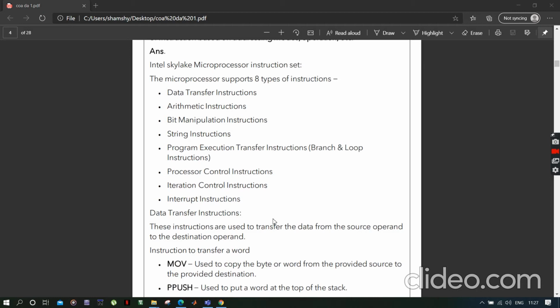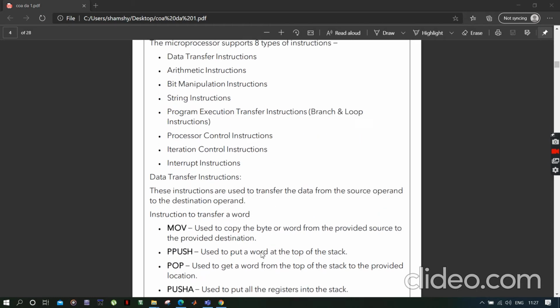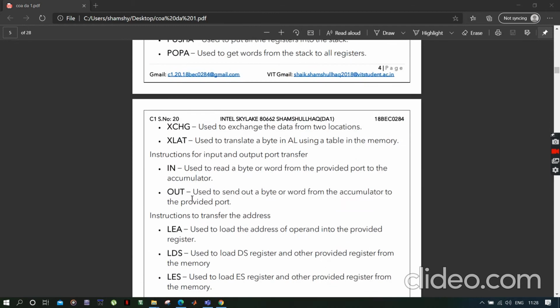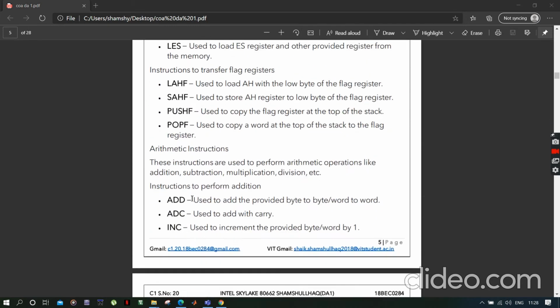These are the major instructions used in the Intel Skylake processor. And here are the further divisions of each instruction set. Have a look.